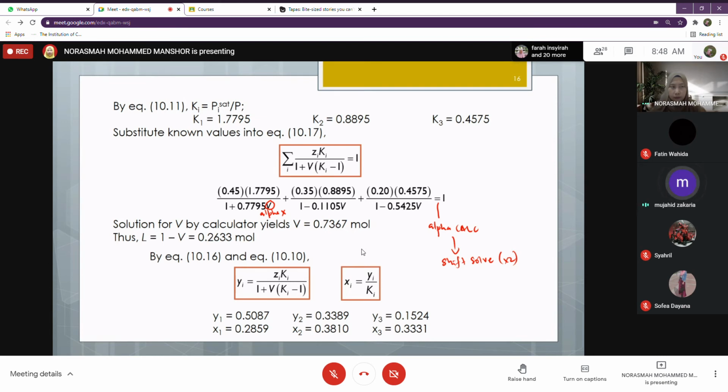For xi, 10.13. Where did the V come from? From what you entered in the calculator. So you substitute into equation 10.16 and 10.10. Okay.